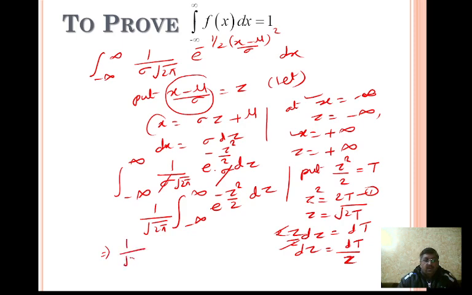1 upon square root of 2 pi, minus infinity to plus infinity. Then this will be e to the power minus t and dt by z, right? And before doing this, let's think about one more situation. This function is an even function.